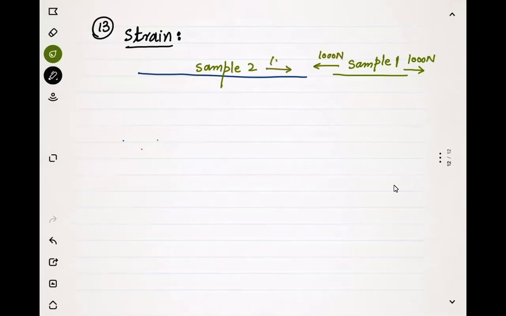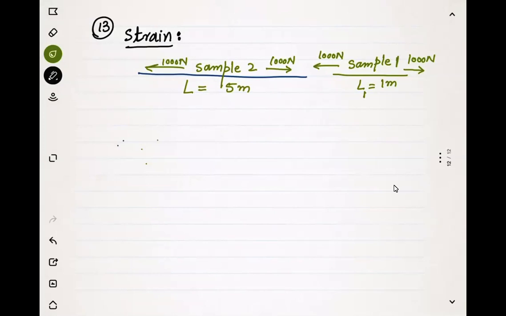On sample 2, we are also applying a force of 1000 Newton from both sides. Now, let's say the length of sample 1 was 1 meter, and the length of sample 2 was, for example, 5 meter. Now you extend them with equal force.